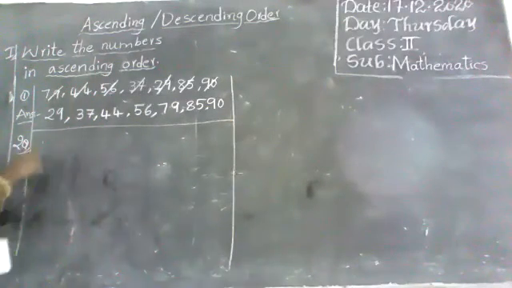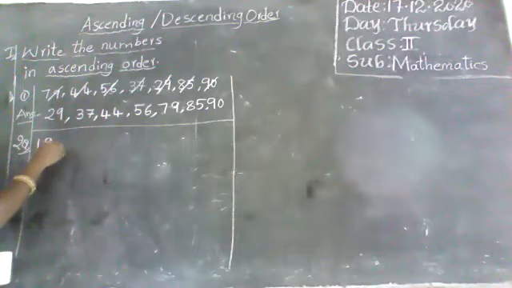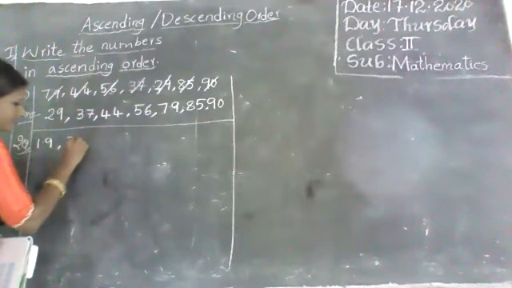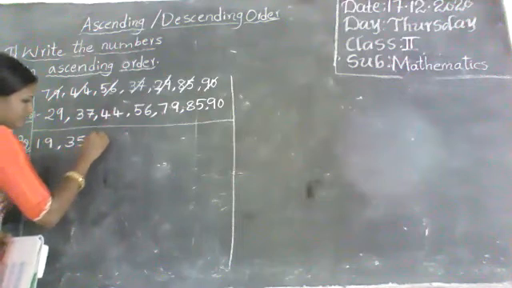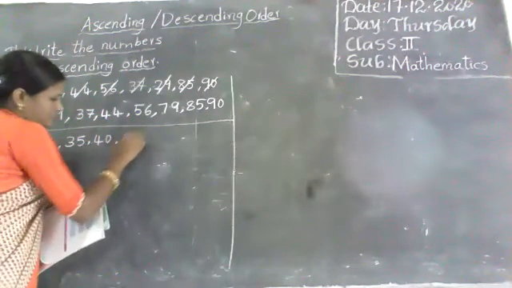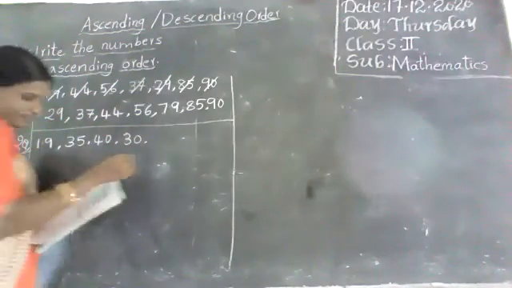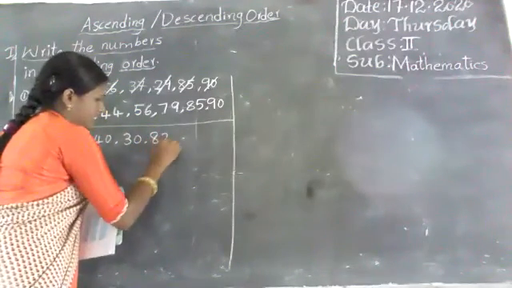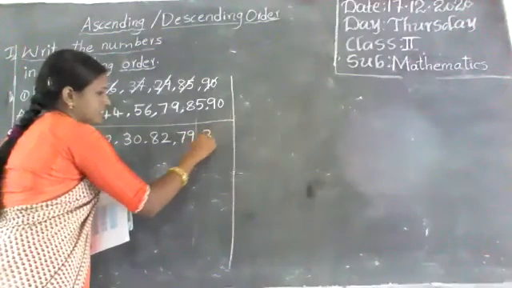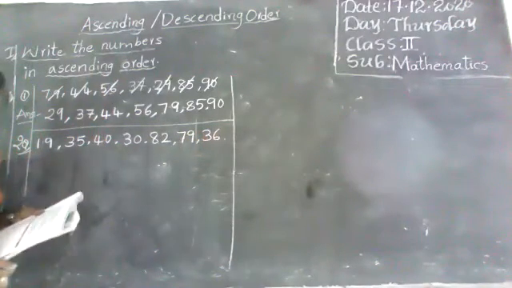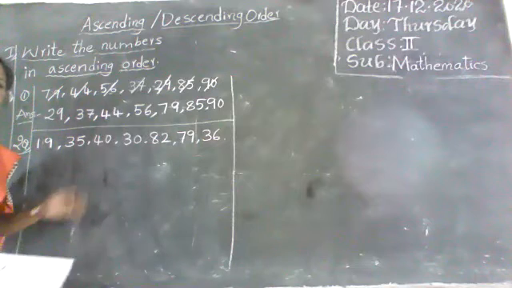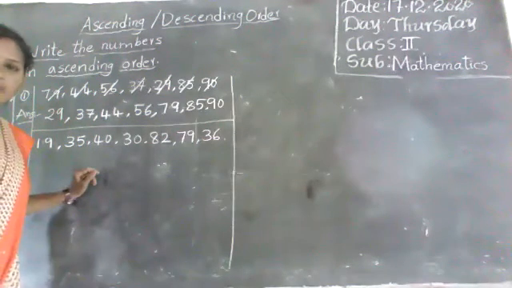The numbers are 19, 35, 40, 30, 82, 79, 36. Okay, first look at me here. Follow with your hands.